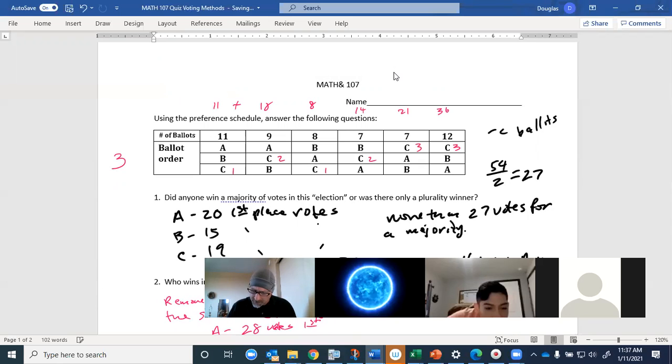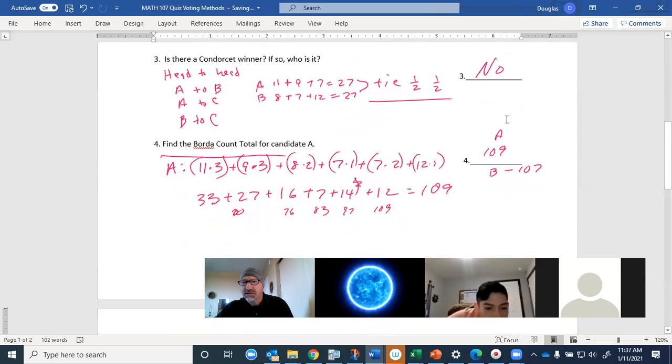So if we add those up, 11 and 18 is 29, makes 37, and 14 makes 51, 21 makes 72, and 36 makes 108. And so C got 108.